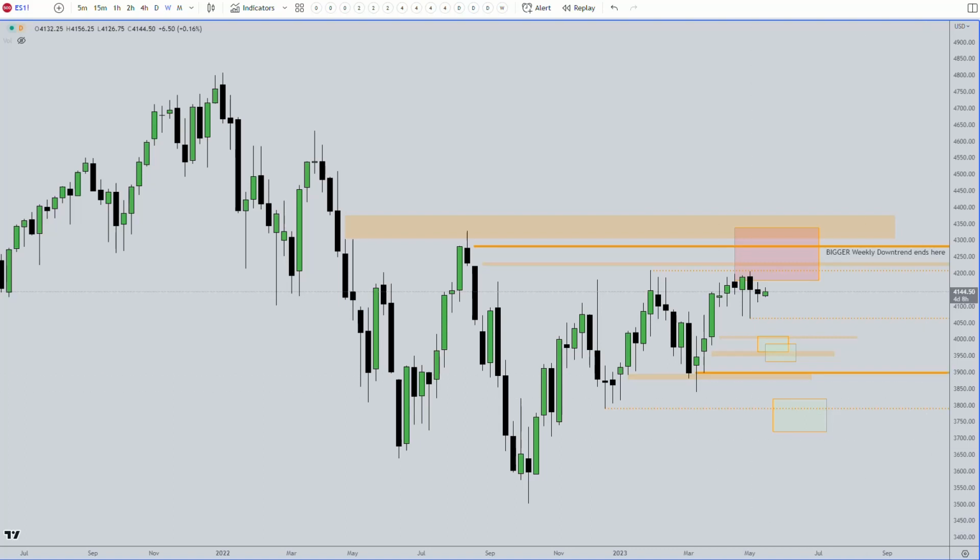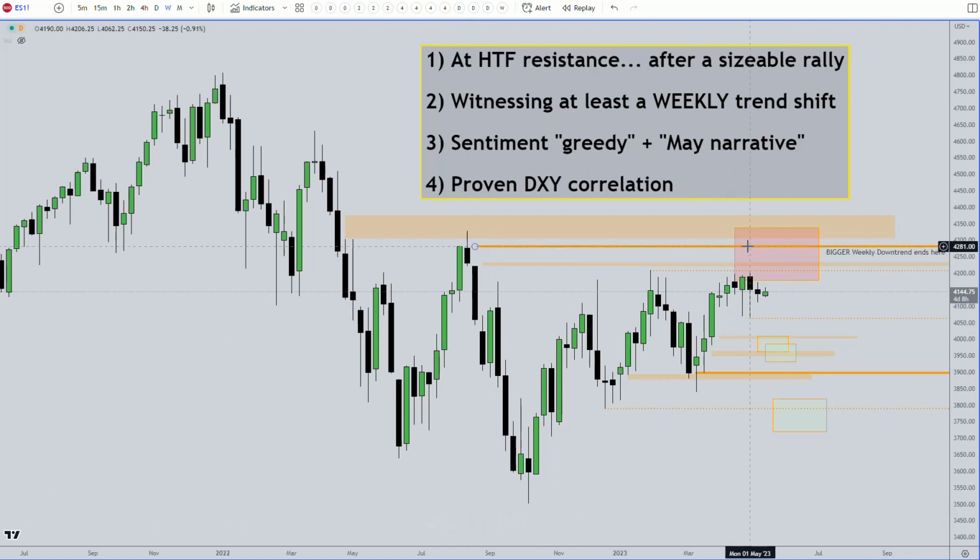So summing up the longer to mid-term view, what can we say? First of all, we are at heavy resistance, and all of that after a sizable rally up. Secondly, witnessing at least a weekly trend shift is a fact and doesn't speak for too much more upside. Thirdly, the sentiment is greedy, and more downside, potential downside, works well with the main narrative, be it true or not.